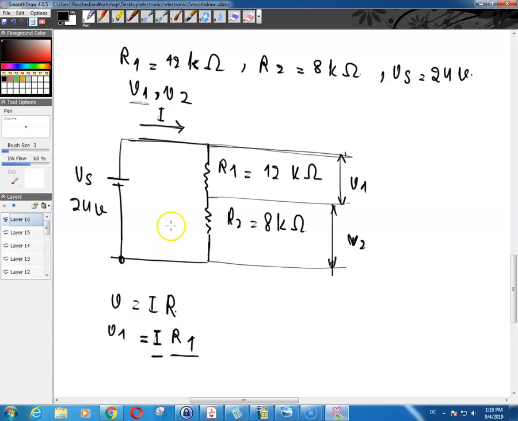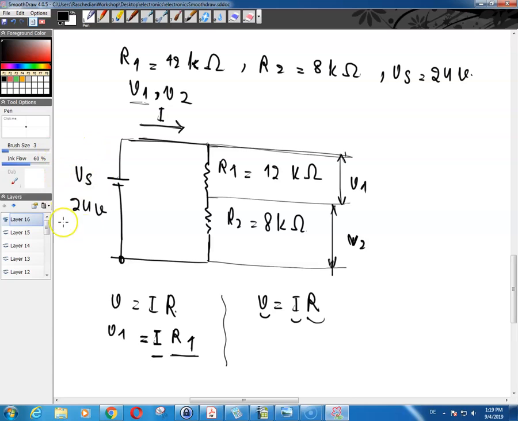Now to calculate the current going through the circuit, again I have to use the Ohm's law, V is equal to IR. In the Ohm's law, I have one resistance, one current, and one voltage.